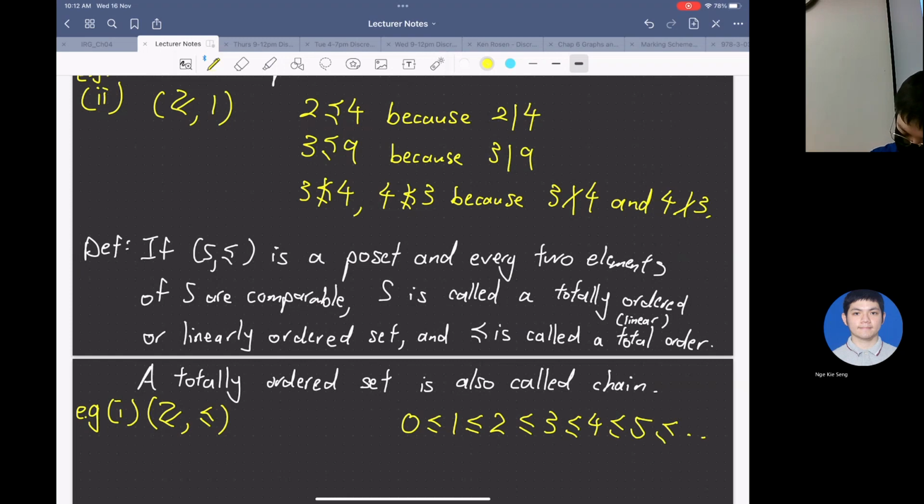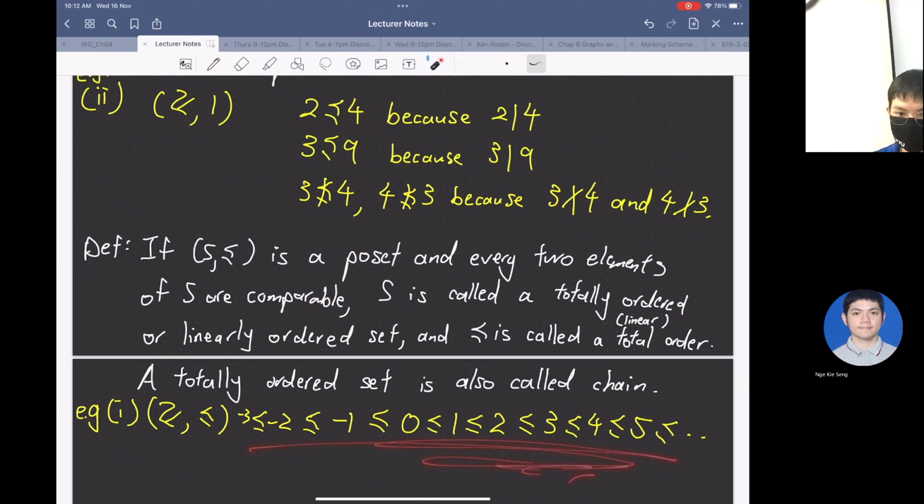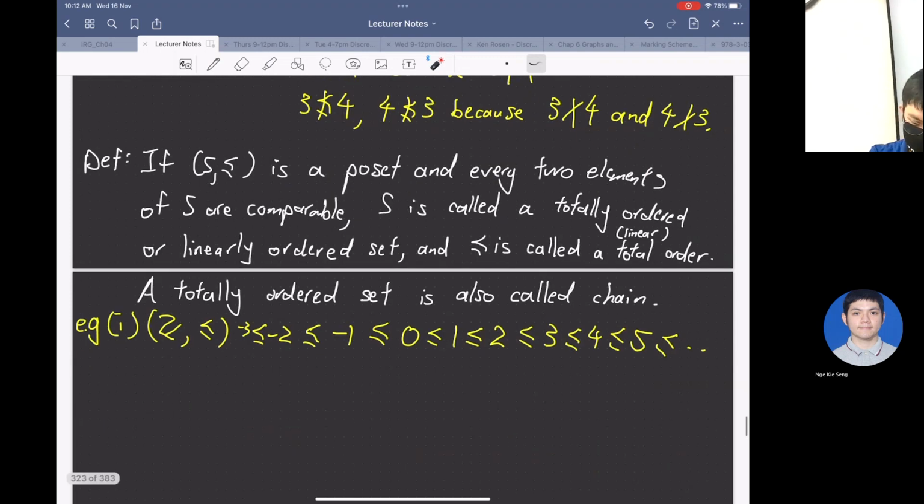From the side you can see that this is like a chain. Okay, next. So that was total order.